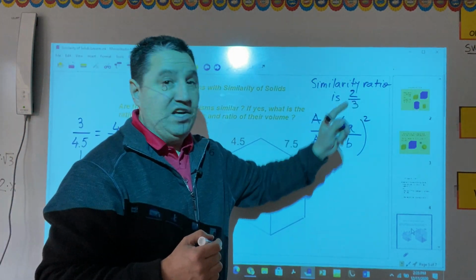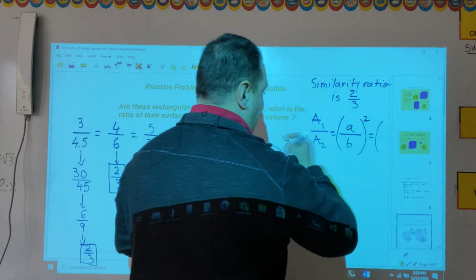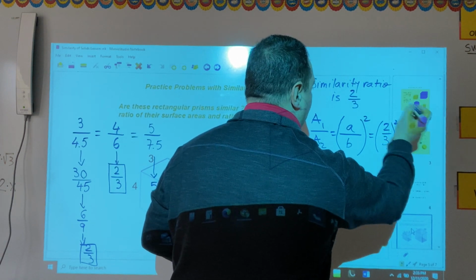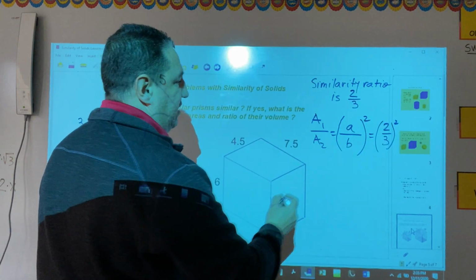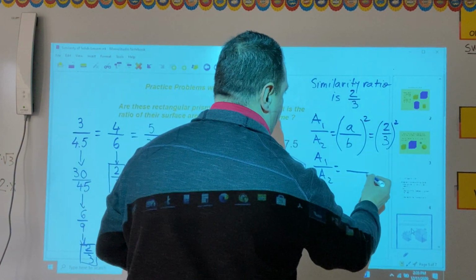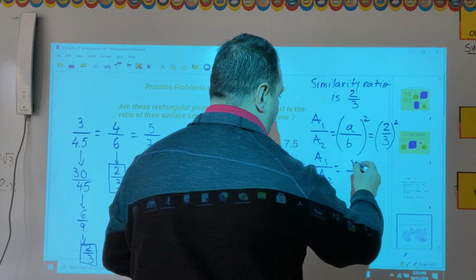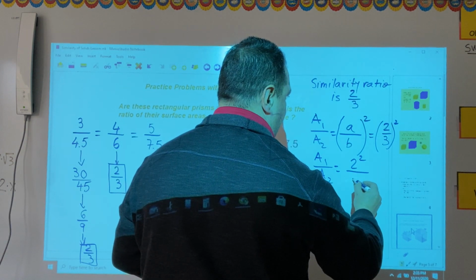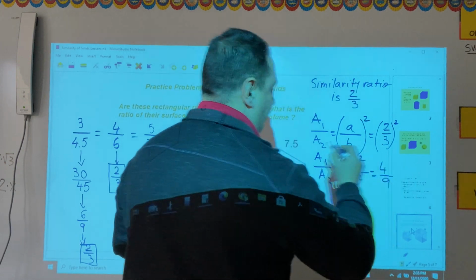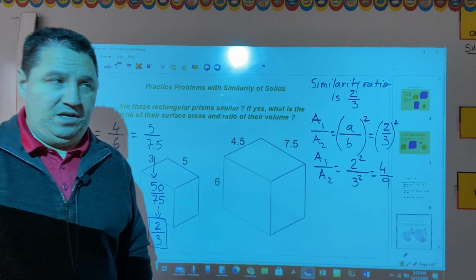But the similarity ratio is 2/3, which means the ratio of their surface area would be 2/3 squared. So we square both numerator and denominator, and you get 2 squared over 3 squared, which is 4 over 9. That's the ratio of their surface area.